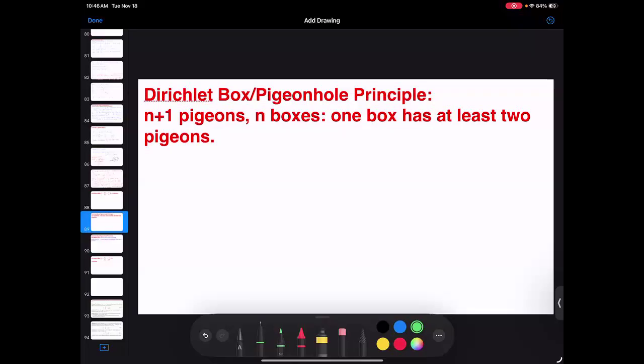So if we have n boxes and n plus 1 pigeons, then on average, each box has more than a pigeon. And because we care about these pigeons, and we're not going to take a wing and put the wing in this box and a beak in that box, you only move pigeons whole, right? At least one box has to have 2 pigeons. It is amazing how powerful this is.